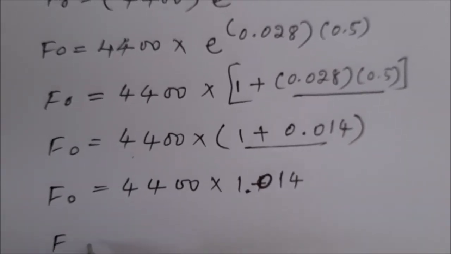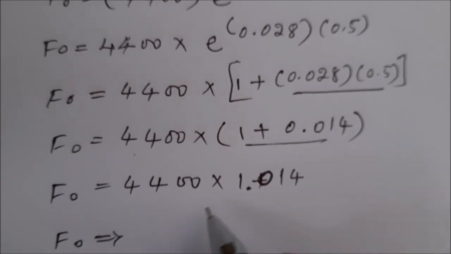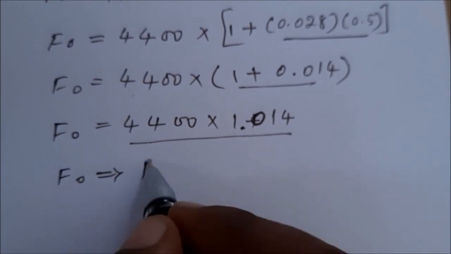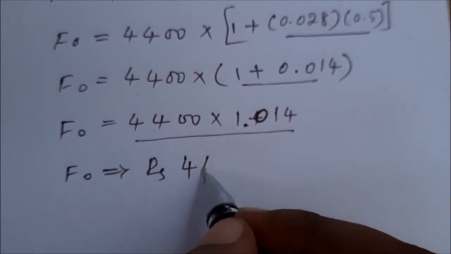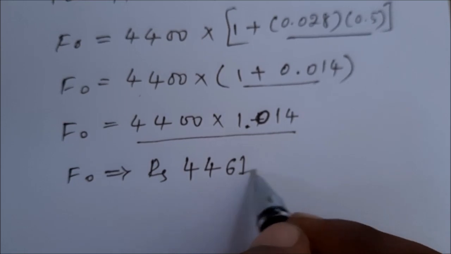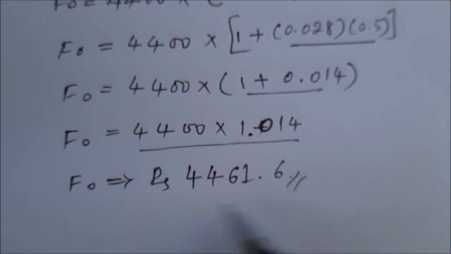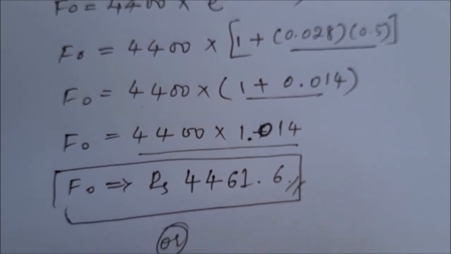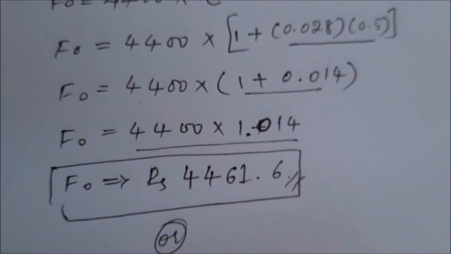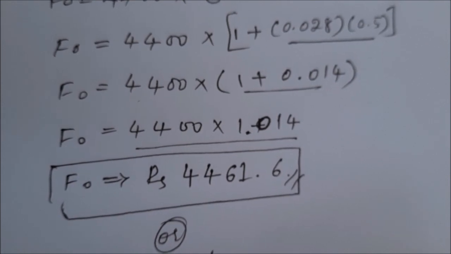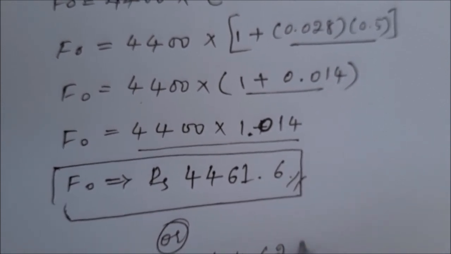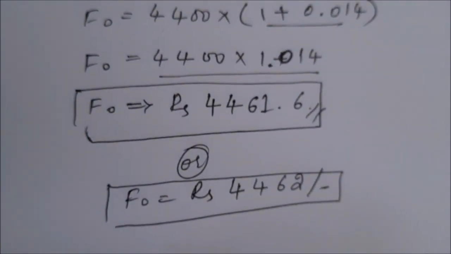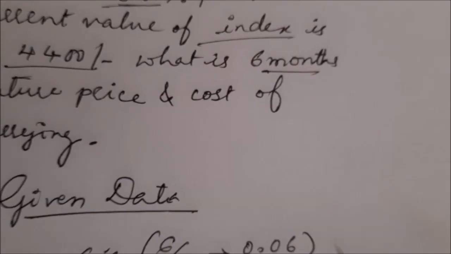So F naught is equal to, multiplying both, 4,400 into 1.014, F naught is equal to 4461.6, or you can round it. After rounding, we will get 4462. F naught is equal to 4462, it is the future price for 6 months.